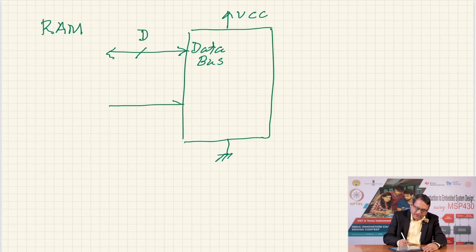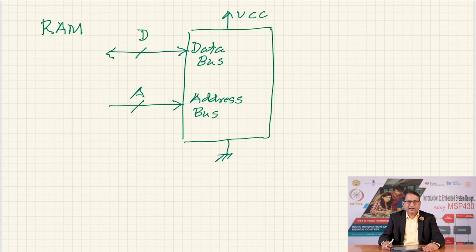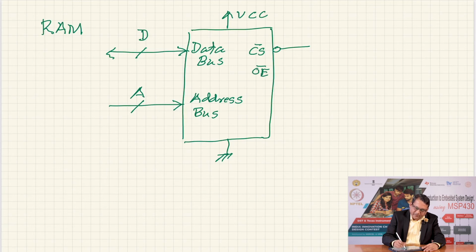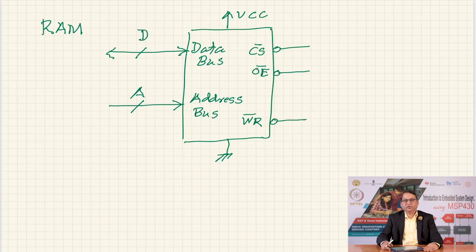The address is unidirectional, address bus, and this may have a number of address lines, and it also requires control signals, again a chip select, an output enable signal. Till now it is identical to a ROM device, but now because you want to be able to write data into this, you have an additional signal which I will call write bar, and this is also an active low signal.